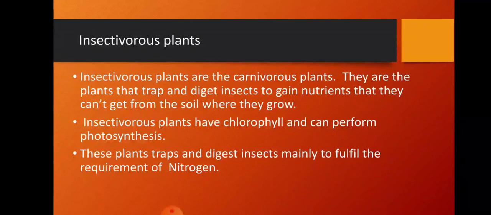So these plants perform photosynthesis, and they trap and digest insects mainly to fulfill the requirement of nitrogen, which they are unable to get through the roots.